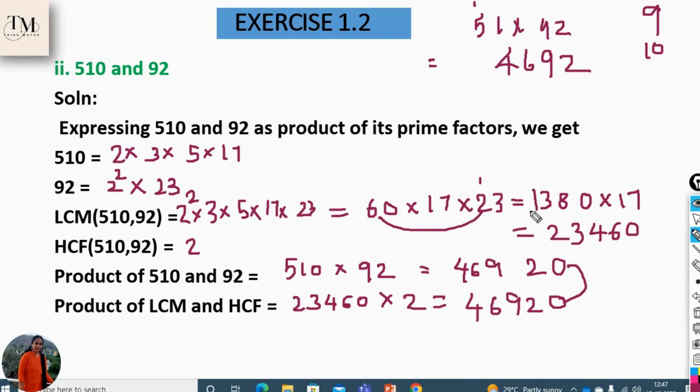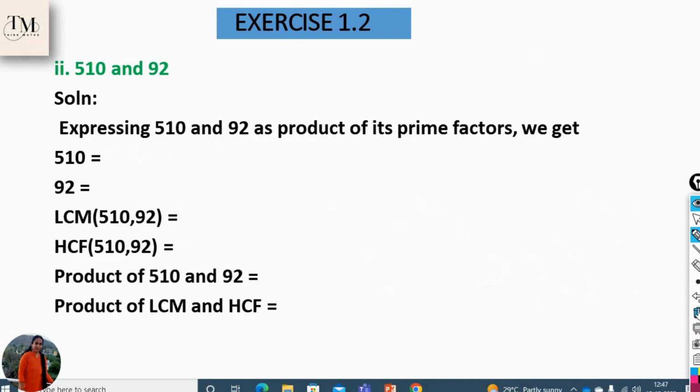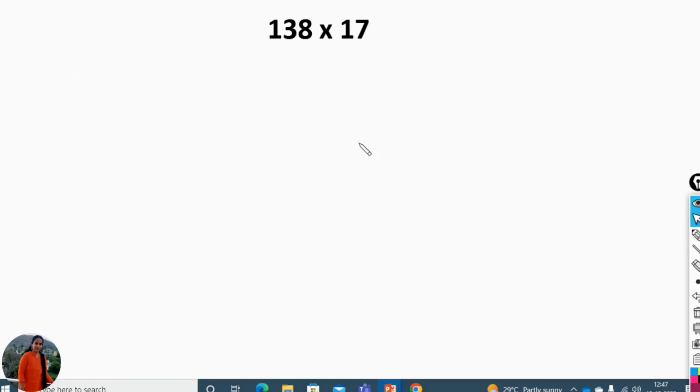Okay. So now let us calculate 138 into 17 using the line method. So 138 into 17. So we have to draw lines for this. First we take the number 138. So first number is 1, so I draw one line.